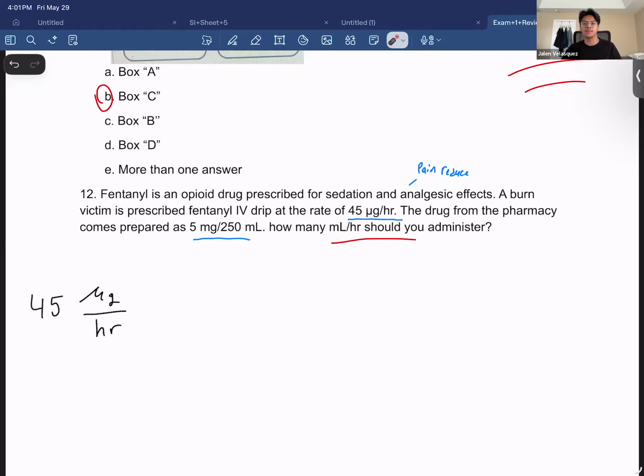Mass and volume are different measurements. So we have to use this number here as our conversion factor to get to our desired units. So just watch how I go through this. We're starting with 45 micrograms per hour. Okay.